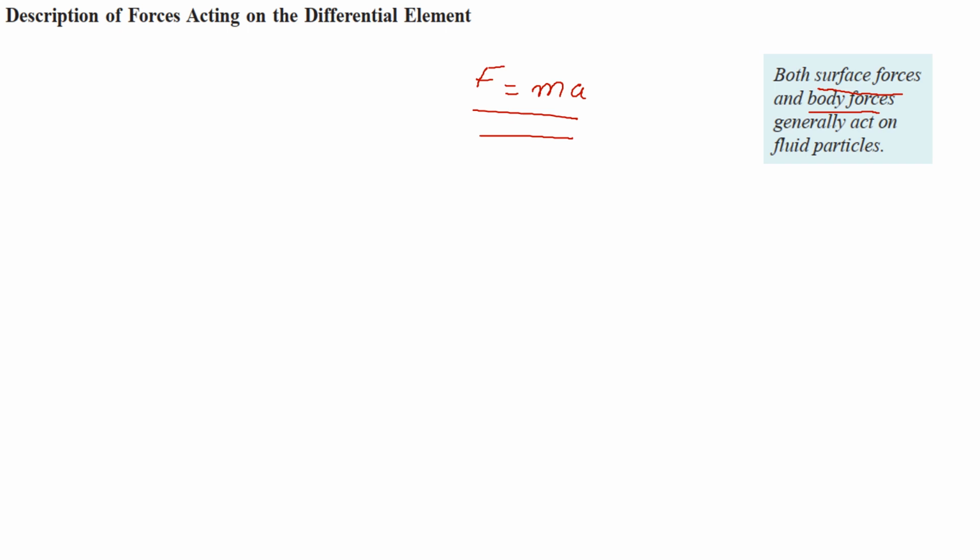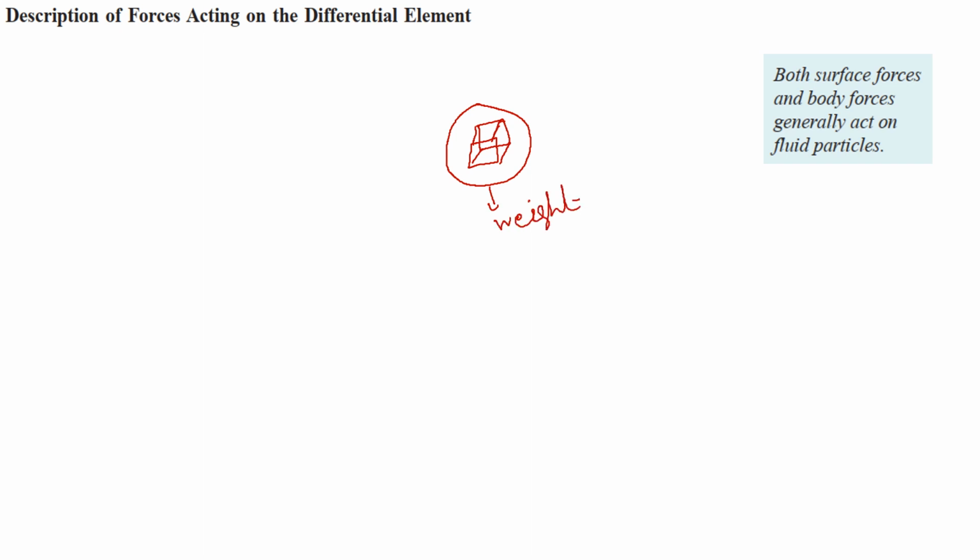A body force, as we already defined, acts as a whole on a single fluid particle, which means the body force is distributed. Let's say if this is our single fluid element, then this body force will be distributed as a whole on this fluid element, and in this case the body force will be the weight of this fluid, and that weight is due to gravity.